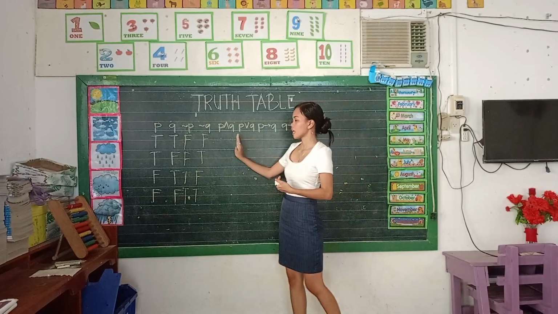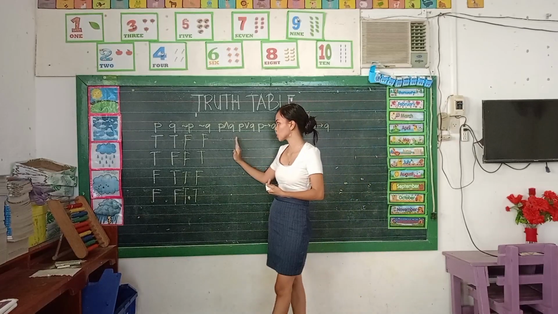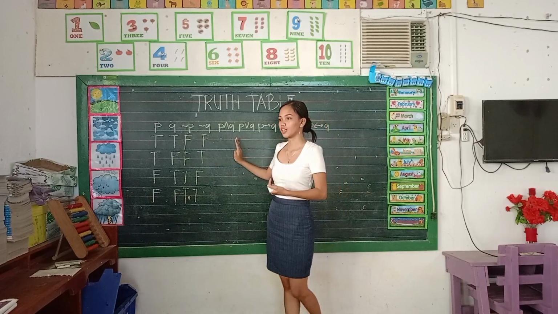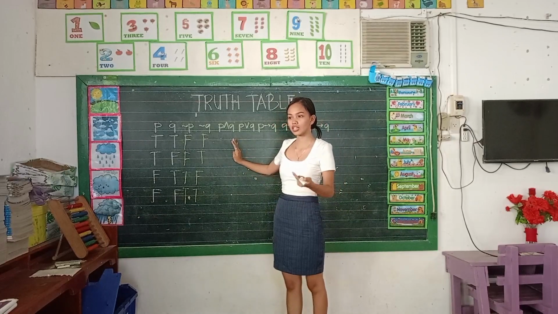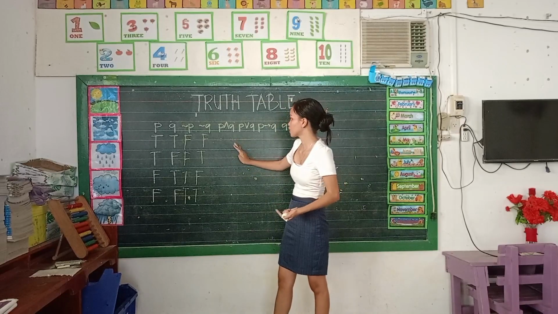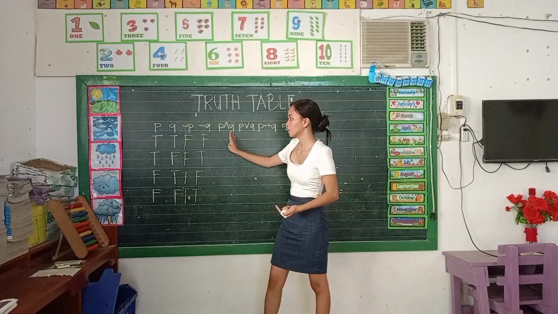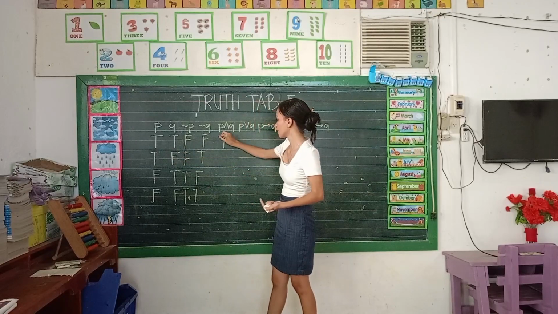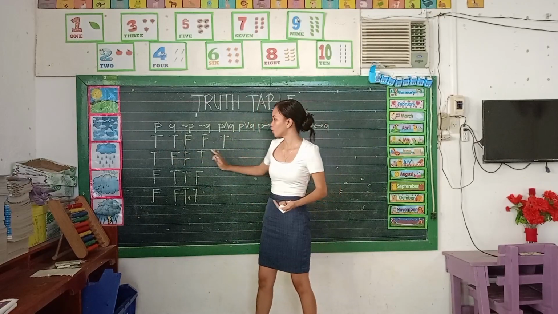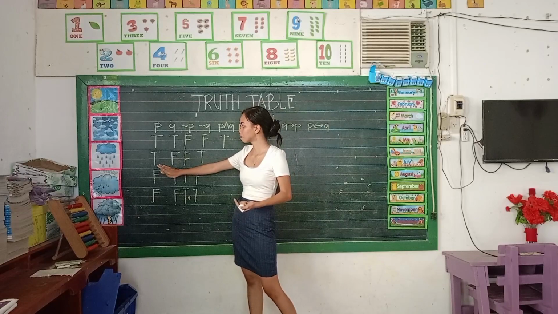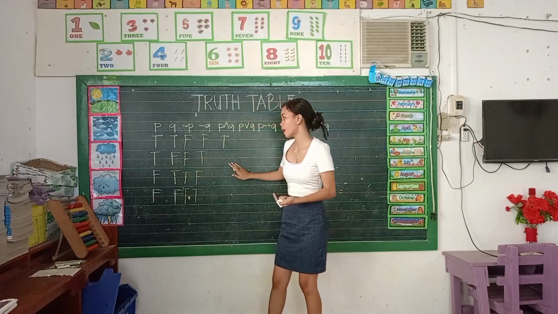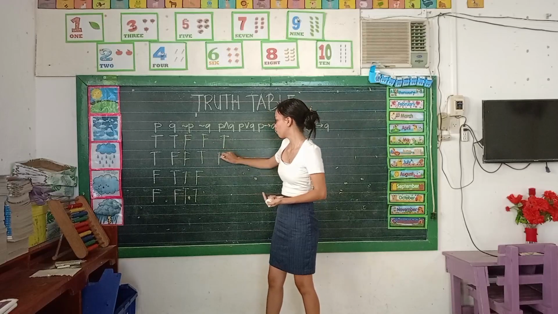Next is the conjunction. In conjunction, the two values should be true for the result to be true. For example, P and Q. If both are true, therefore the result is true. But if P is true and Q is false, therefore the result is false.